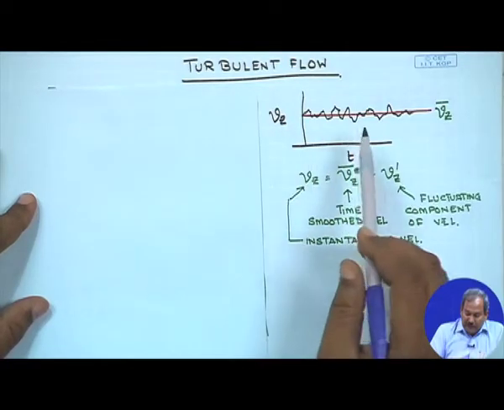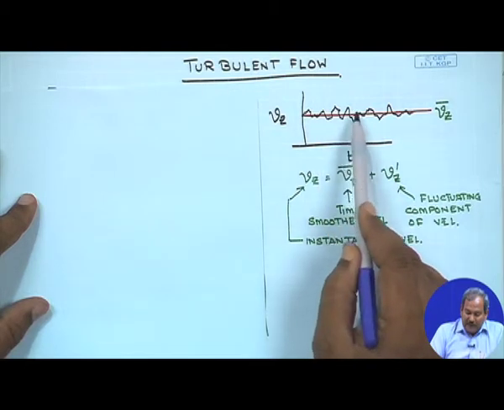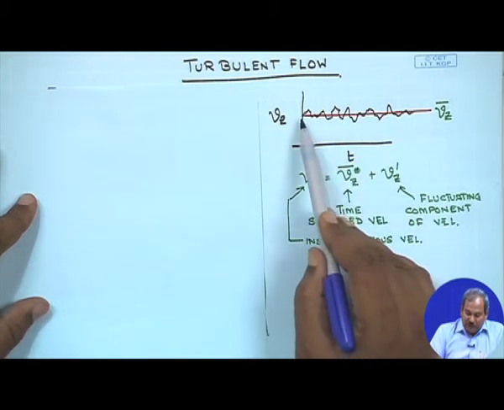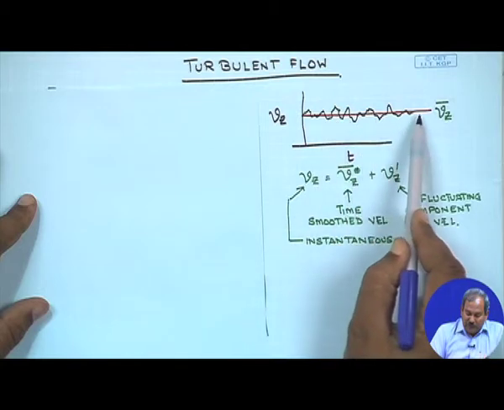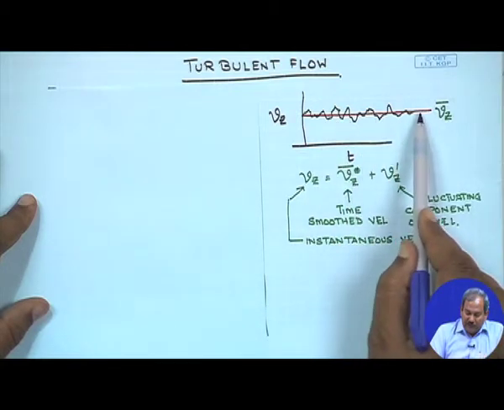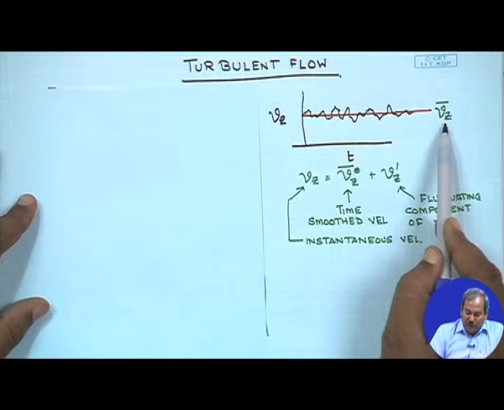So, what I have drawn over here, this Vz denoted by the black line, is the oscillating velocity, whereas if you take a time smooth average, then the red line that I have drawn, denoted by V bar Z, is the time smooth velocity.